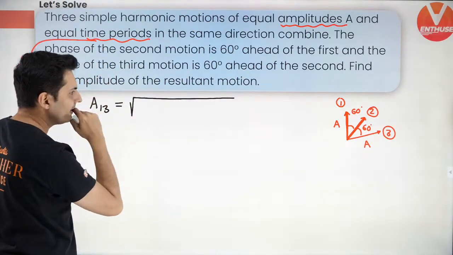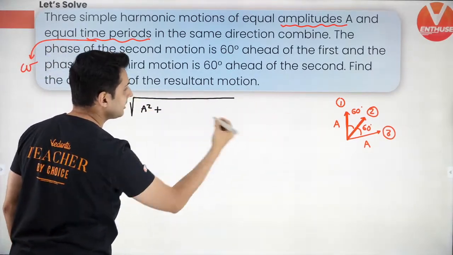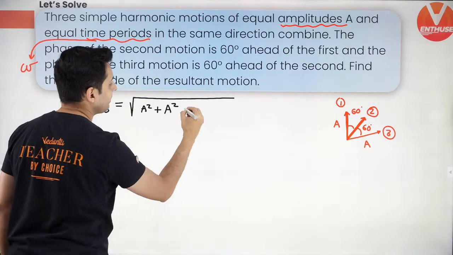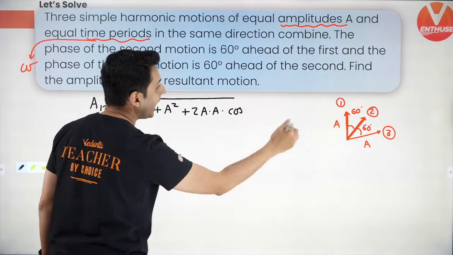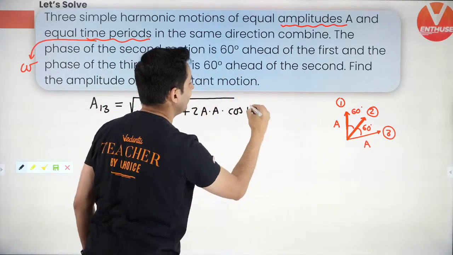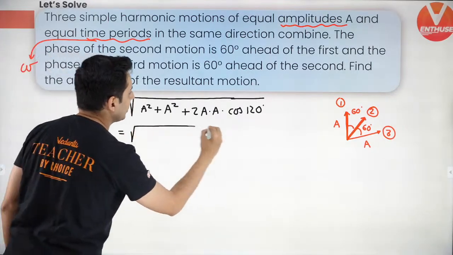The resultant of 1 and 3 will be A1 squared, which is A squared, plus A3 squared, which is also A squared, plus 2 A1 A3 into cos of the angle between them, which is 120 degrees. So what will it become?